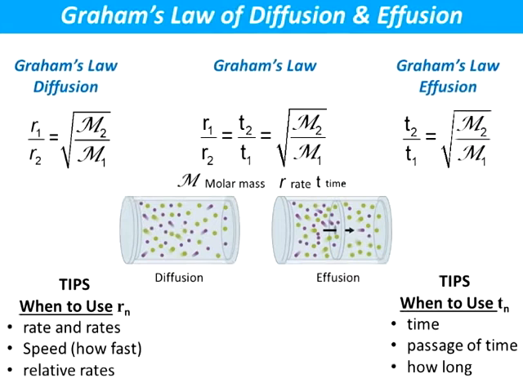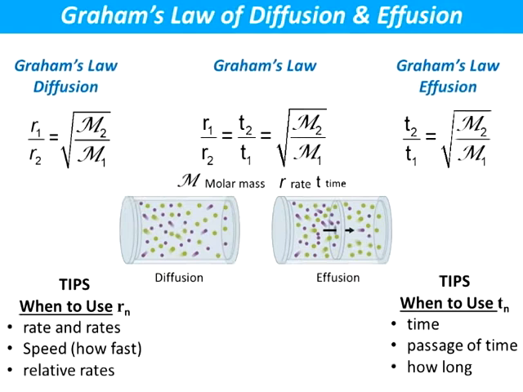Now, keep in mind, by the rules of math, we can actually flip or invert any of these equations. So, how do you know when to use the effusion equation involving time? When you hear clear indications of time, or passage of time, or how long did it take, then you would use this form of Graham's law equation for effusion.